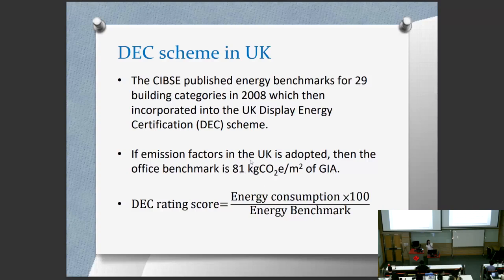So this is the benchmark based on the CIBSE publication. And the DEC rating, whether you perform well or badly, will depend on the energy consumption compared to the benchmark of 81.